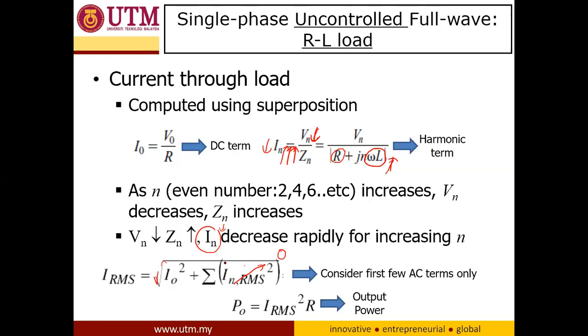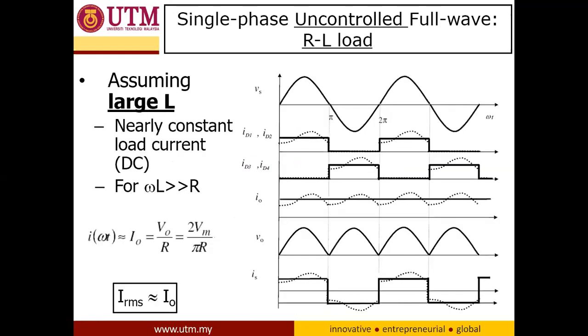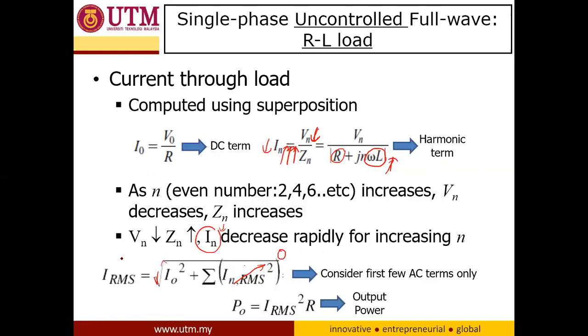So in final word, we can show why, if omega L is chosen to be very large compared to the resistor, the current will almost become DC current, because we consider the AC component negligible.